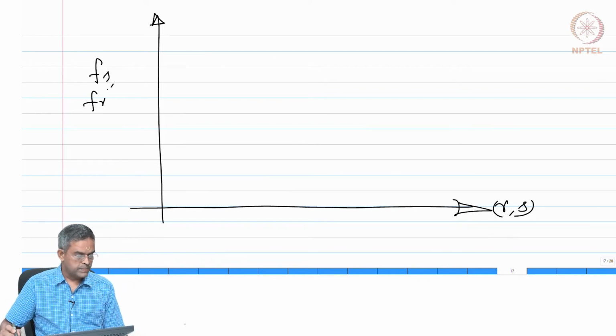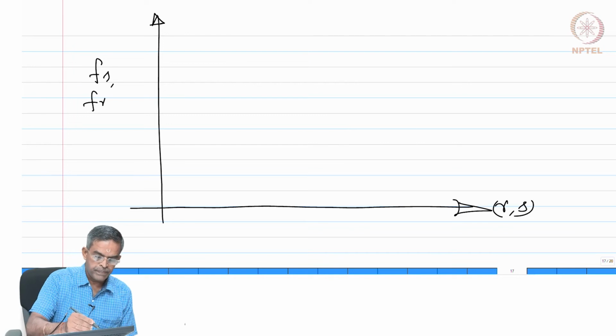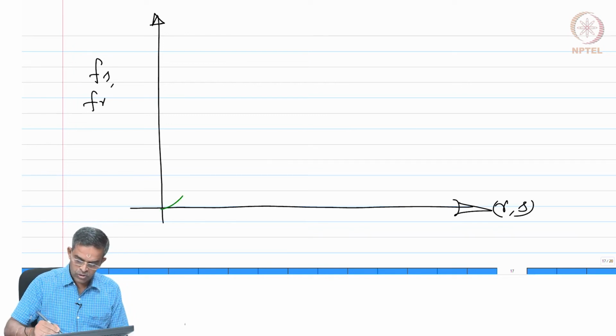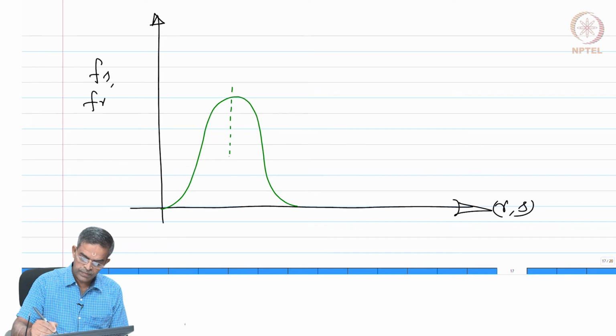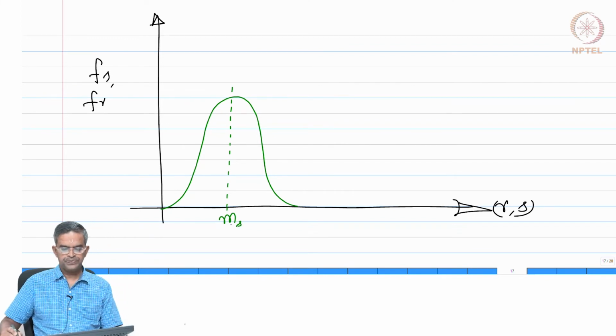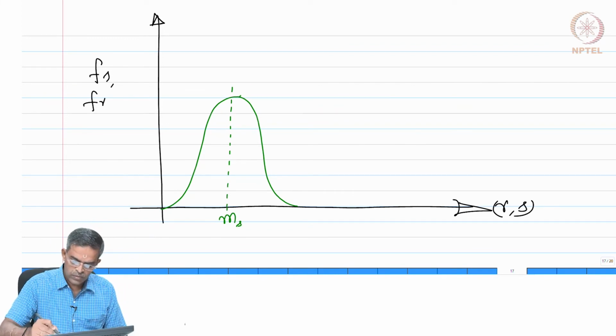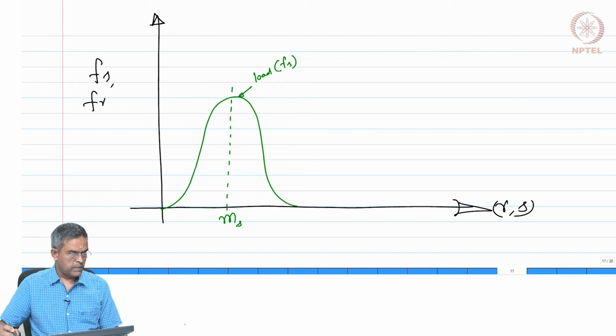the y axis. Let us say this is my load distribution curve, normal distribution, and this becomes my mean for the load. Factor for the load, okay.